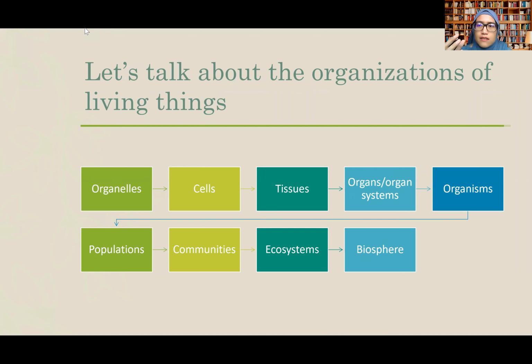And then organelles are enclosed in a cell. When cells come together they form tissues, and tissues come together to form organs or organ systems such as nerve system. Then organ systems come together to create organisms, together they create population, populations together create communities, and communities together create ecosystem.